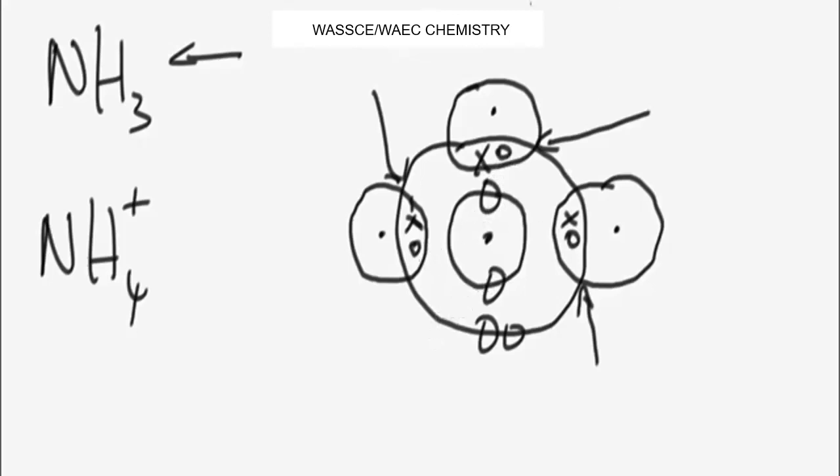So this is basically what's happening in covalent bonding. It's as simple as that, guys. You can call this hydrogen, and I'll call this nitrogen. This is a sharing of electrons between both atoms.